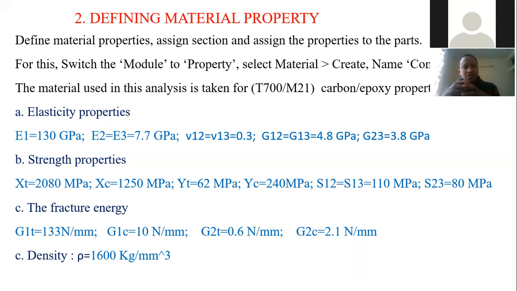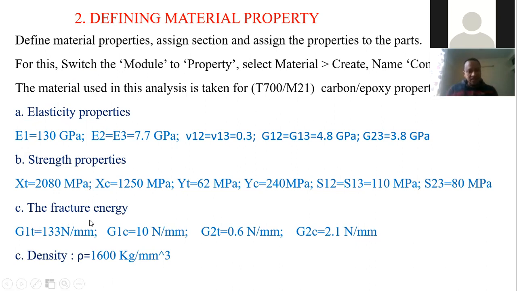So for that reason, the required materials are the elasticity property, the strength property, the fracture energy, and the density. When we come to elastic property, we need different properties: the 9 elastic properties, and the 6 strengths, not only 6 actually, we can consider the Z thickness direction also.